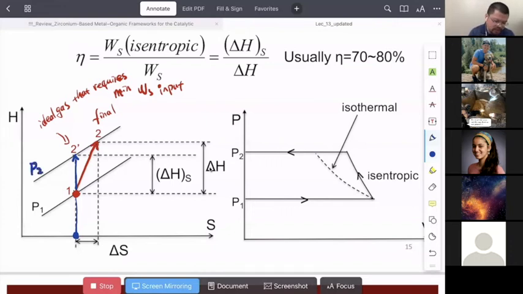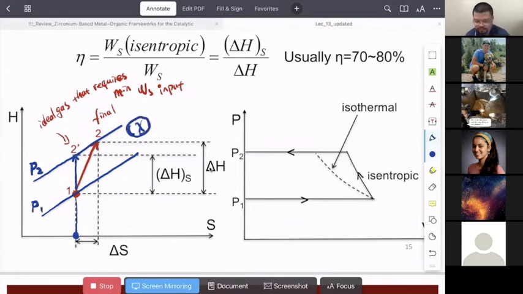So this is the pressure curve. This is the same pressure curve of P1. So we need to understand that the isentropic process final and the actual process final, they shall share the same pressure. So the change would very likely be the composition.